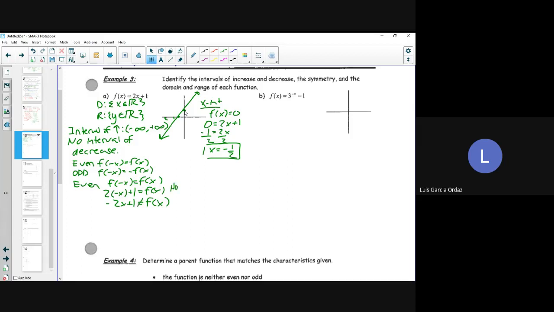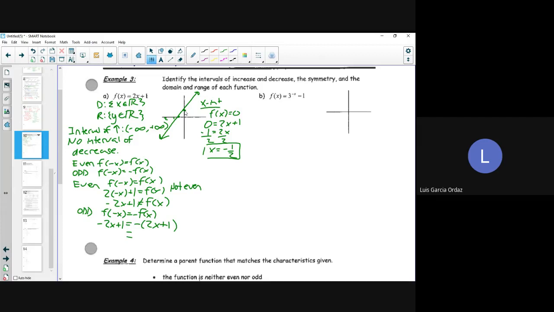So not even. Okay? And then for odd, since you already did the work for even, that's one less thing for us to worry about. So we're going to have 2x plus 1 is equal to negative 2x plus 1.